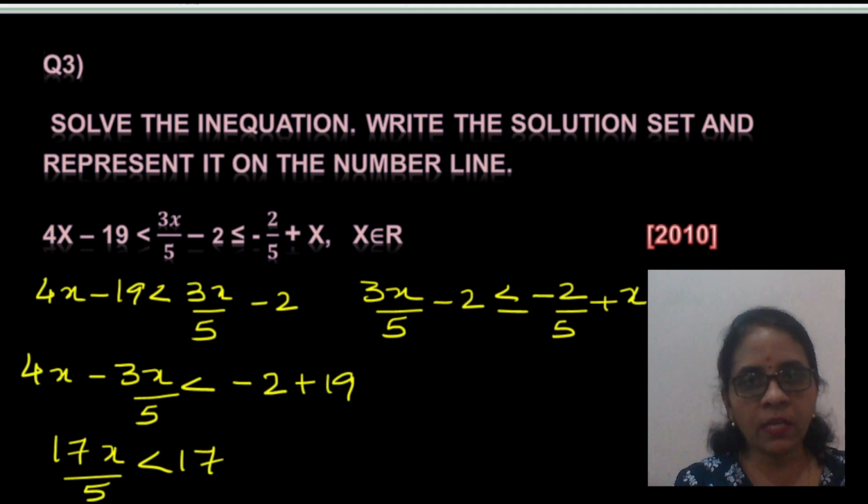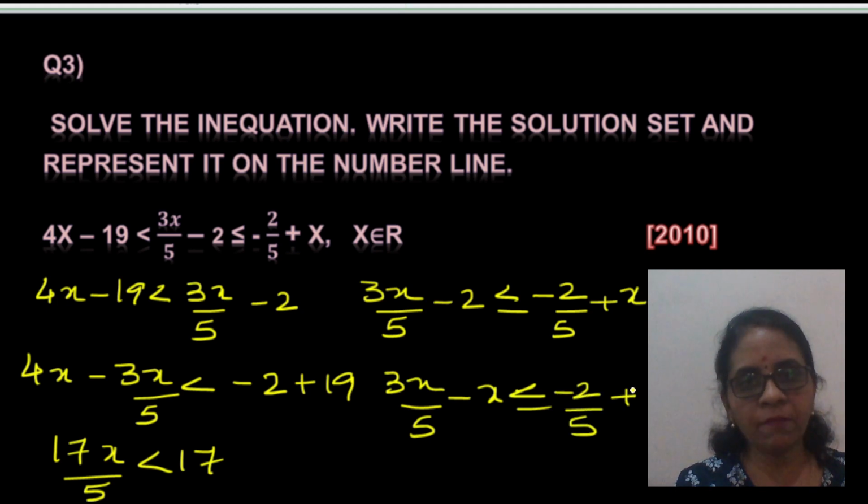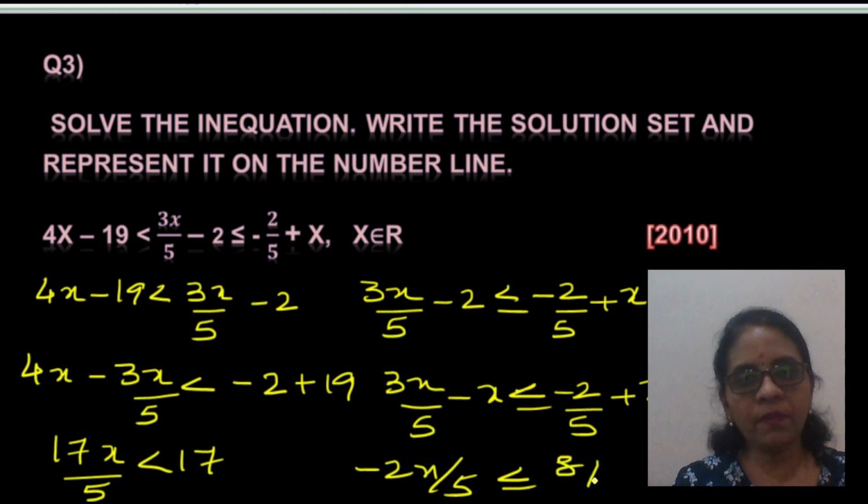Coming to this part, if you transpose the x to this side, you have 3x by 5 minus x is less than or equal to minus 2 by 5 plus 2. So 3x minus 5x is minus 2x by 5 is less than or equal to 8 by 5.